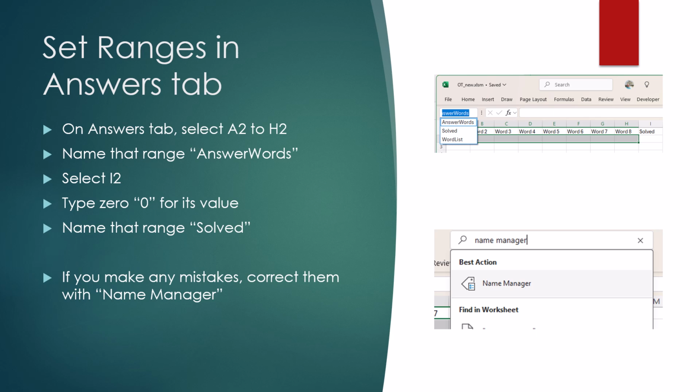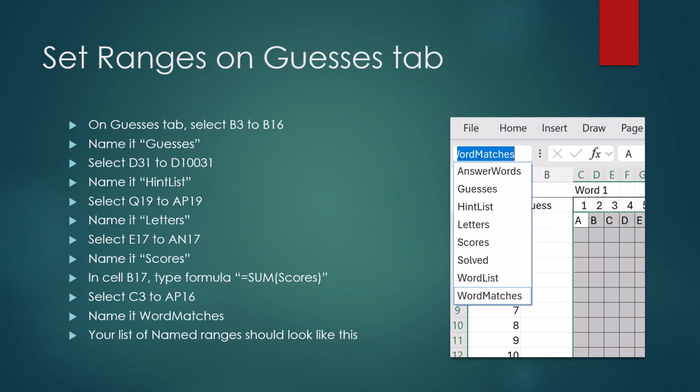Now if you make a mistake with any of these named ranges by misspelling or getting the wrong number of cells in that range, you can just go to the name manager, and you get there by just typing in the search name manager and then clicking on the icon, and it'll bring up a menu of how to change the ranges and the names of the ranges. So there you go. So now we go back to the main guesses tab on the worksheet.